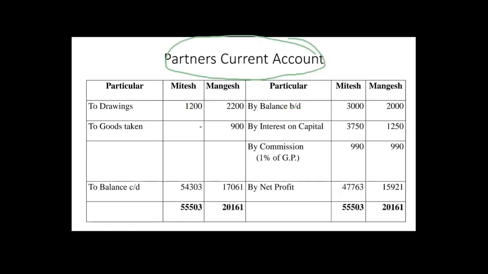Okay, now if you see over here, they have mentioned drawings. In Mitesh's column is Mitesh's drawings amount and in Mangesh's column is Mangesh's drawings amount. So Mitesh's is 1200 and Mangesh is having 2200. Okay, so drawings is recorded on the debit side of partner's current account.